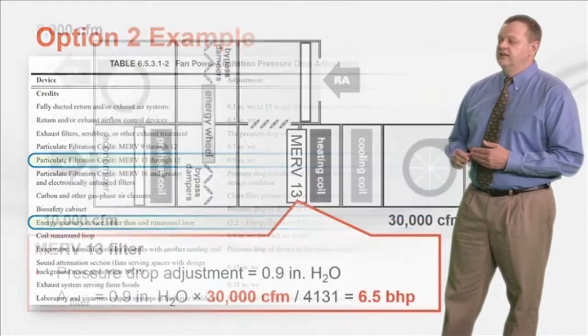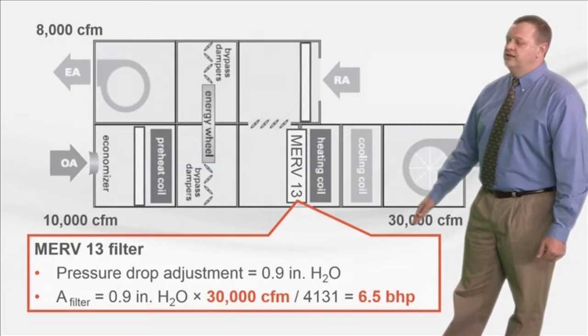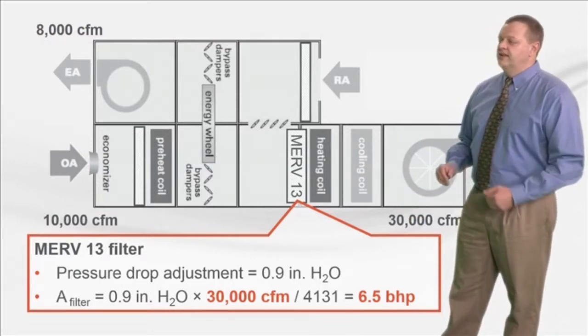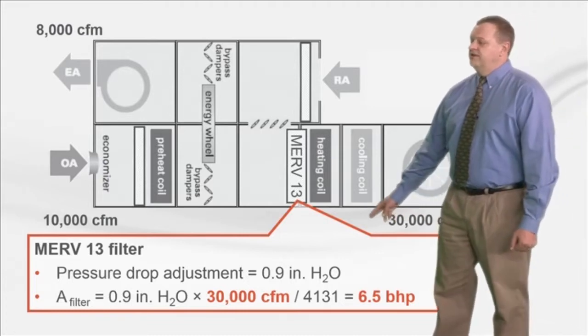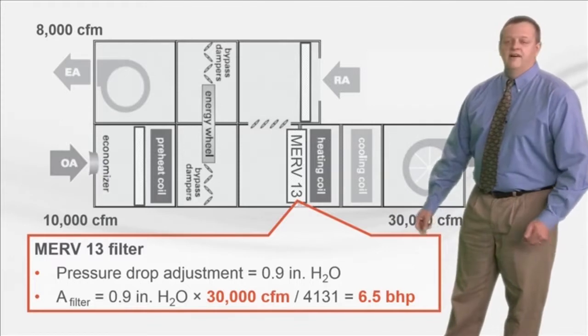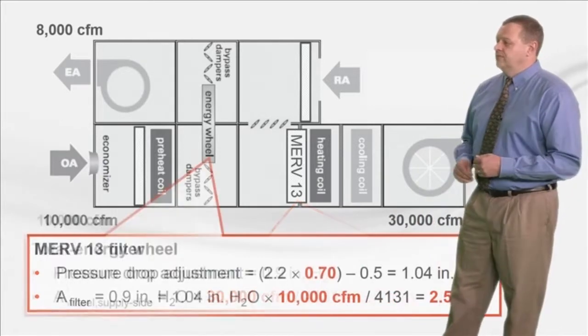Starting with the filter, it's installed in the mixed airstream, so the design airflow through it is the full 30,000 CFM of supply air. Based on this airflow and the 0.9 pressure drop adjustment, the resulting credit is 6.5 brake horsepower.